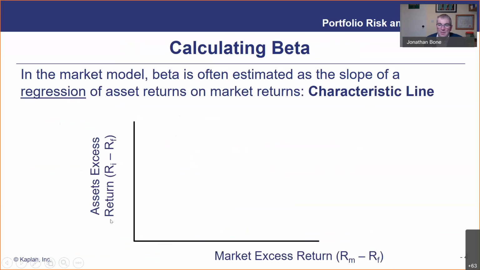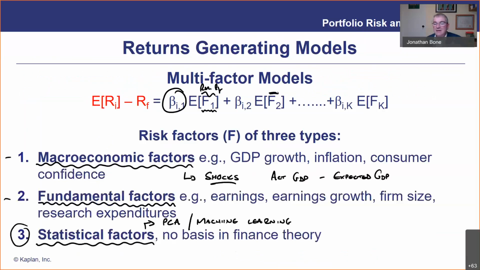Just be aware how you calculate your betas here, and I know we're getting close to time. Notice they're using Ri minus Rf here, and previously, when I did it on this slide way back, I just said Ri, Rf, Rm. It doesn't really matter whether you subtract the risk-free rate from both sides or not.